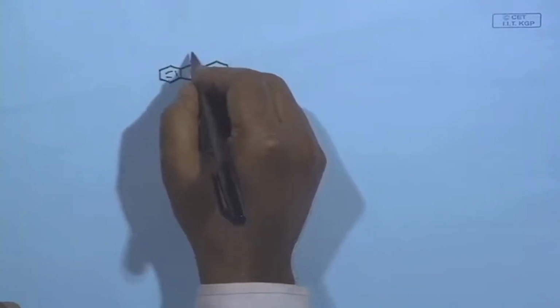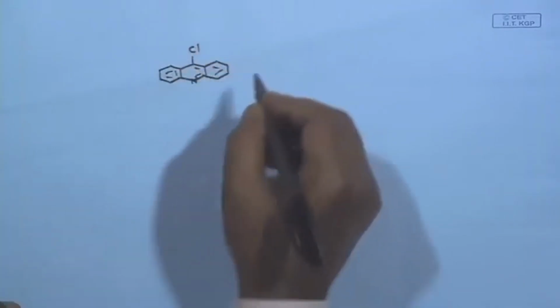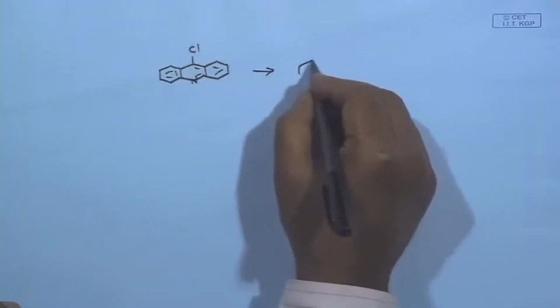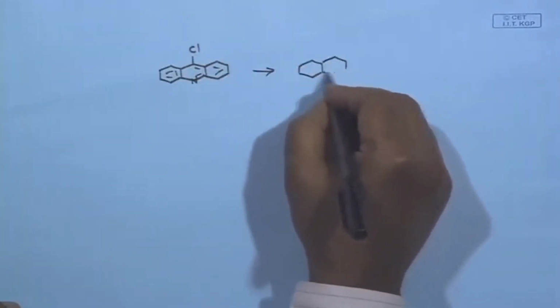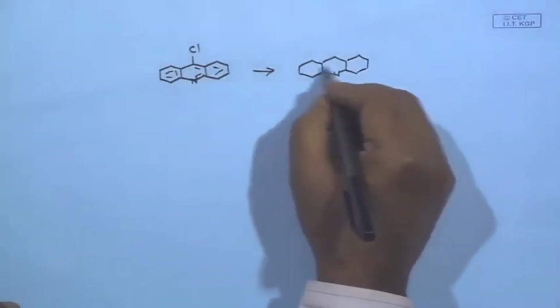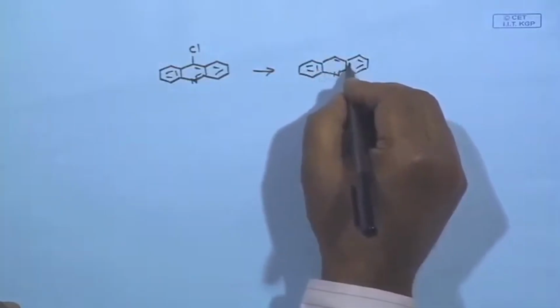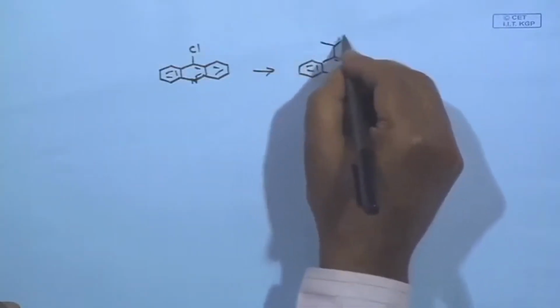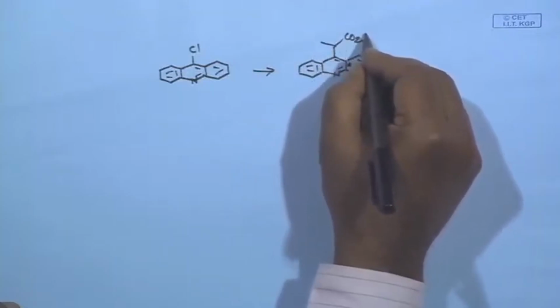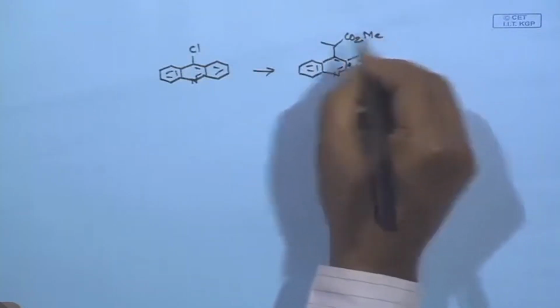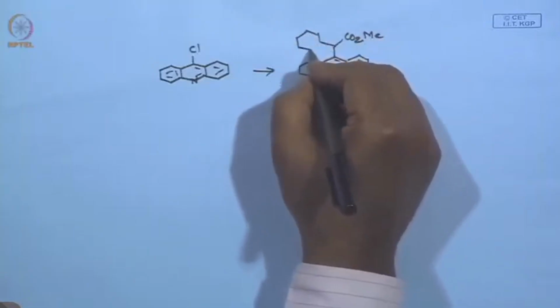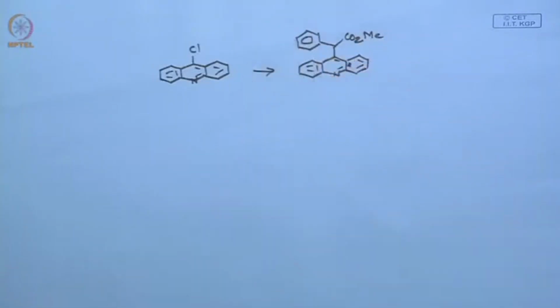So, if you have this acridine nucleus, then you have to substitute the ester unit with an aromatic unit.